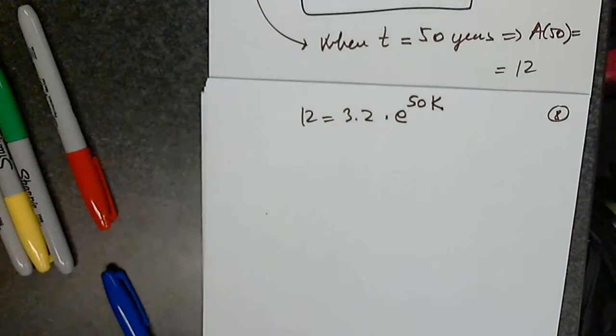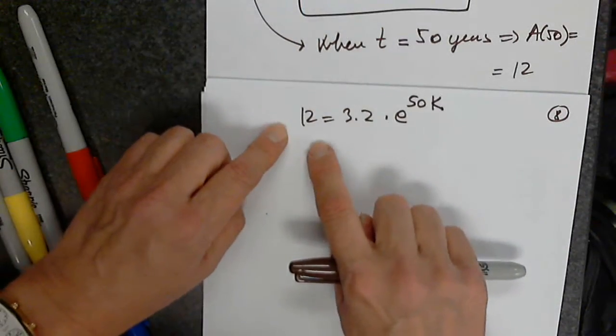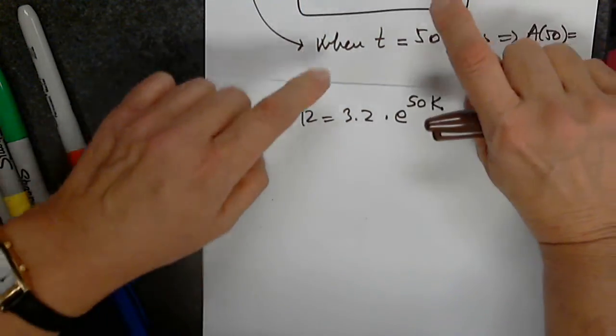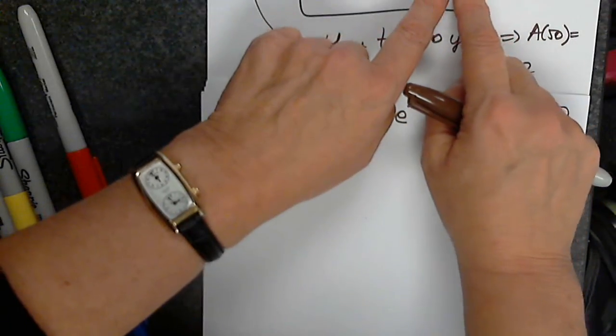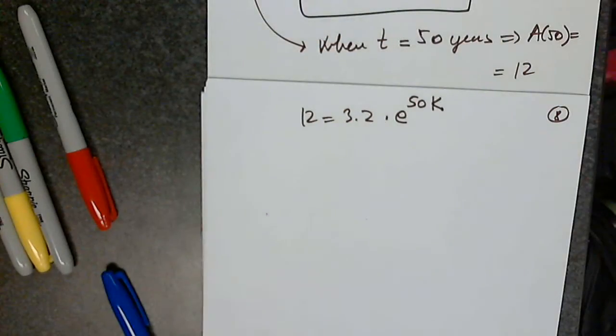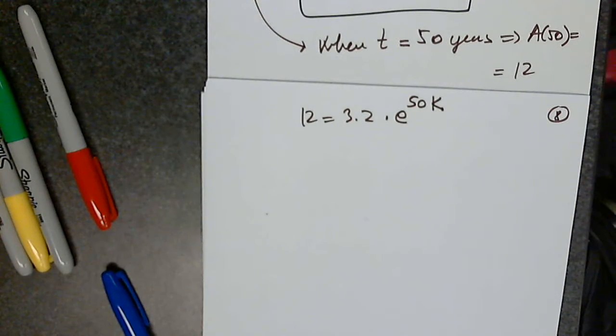Very good. So when t is 50, 3.2 e to 50 times k. Now, this is the equation I have to solve for k. Excellent. How do I do that? What is the mandatory first step?